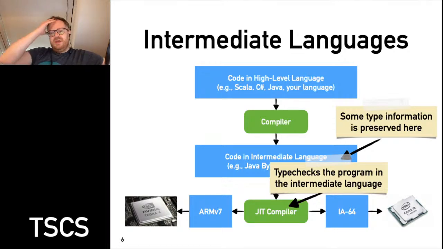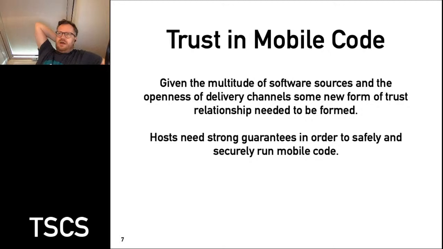Good. So now we consider mobile code, so code that is then just-in-time compiled. And if you look at the multitude of software sources, the multitude of vendors that you use, and the openness of the delivery channels being the internet, you need to establish some new form of trust relationship.